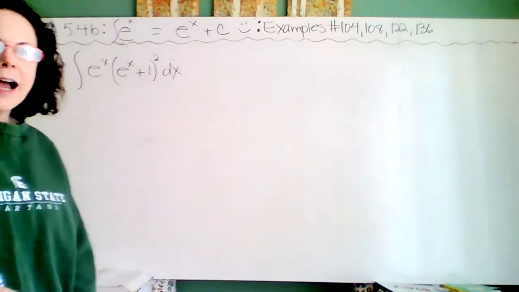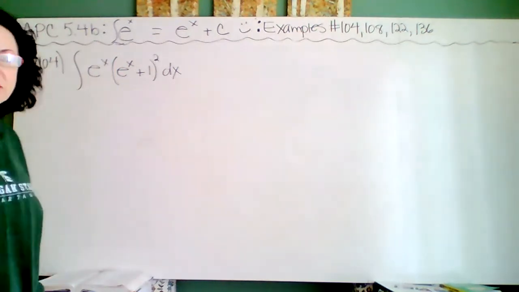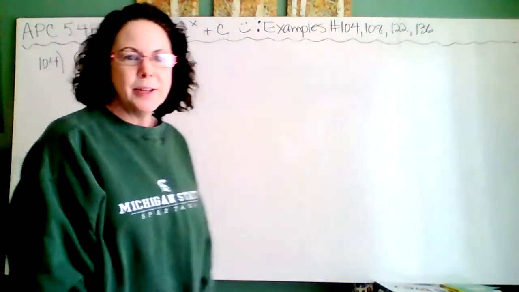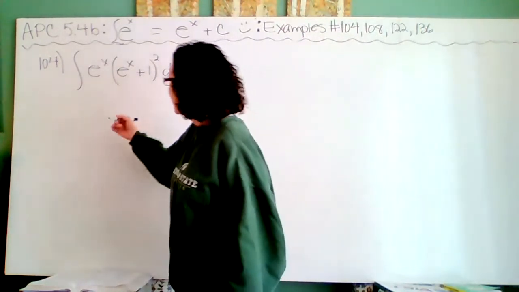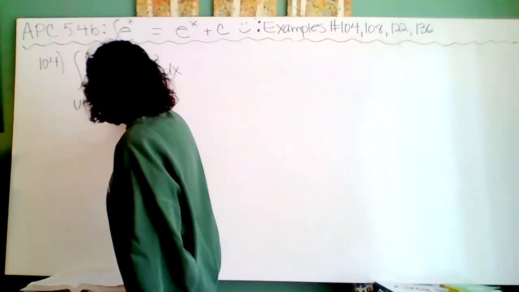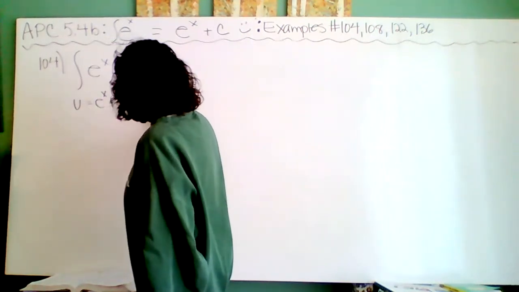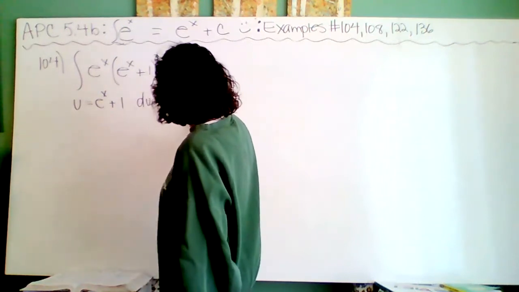All right. I see a product and I see an inside function. So I think I need a u substitution here. And I think my u substitution is the inside function. So that would be e to the x plus 1 would be my u. My du would be e to the x dx.